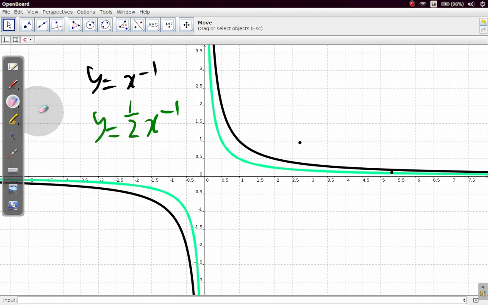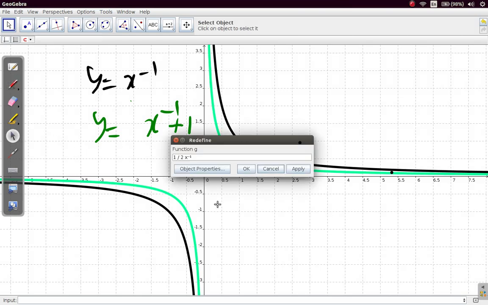Now, let's make another modification to it. In this case, what we're going to have is x to the negative 1 plus 1.